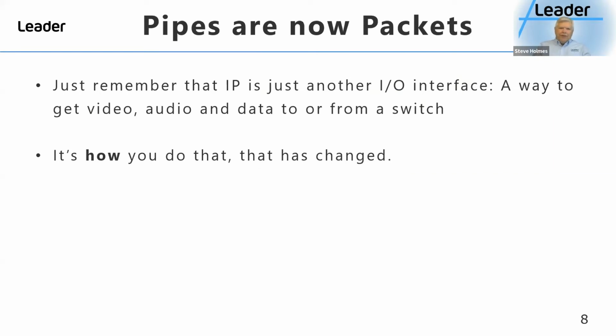So the thing that people need to remember is that IP is just another I/O interface. It's just another way to get video, audio, and data to or from a switch. The how-to is what has changed. It's the tools that we need to use and how we need to use those tools that have changed in doing this.